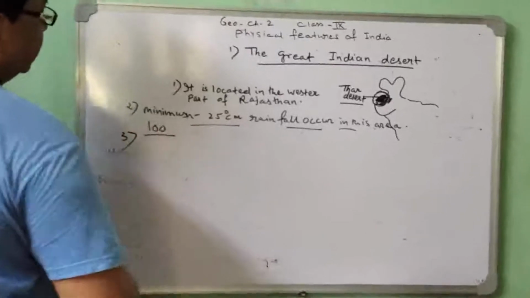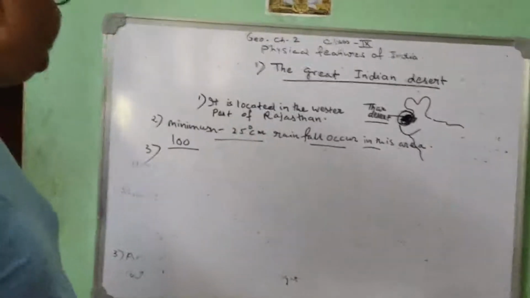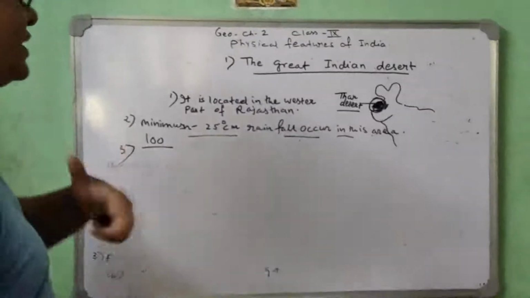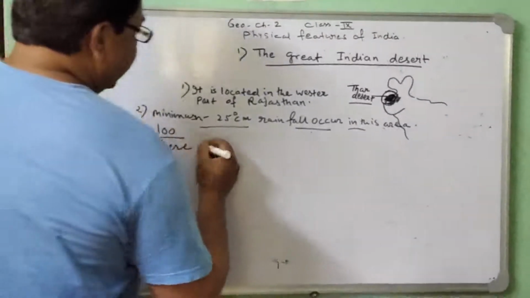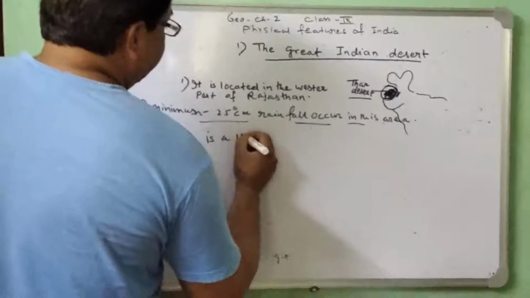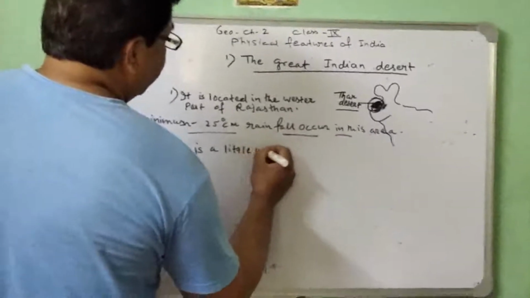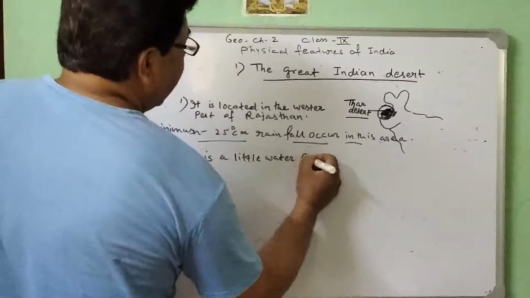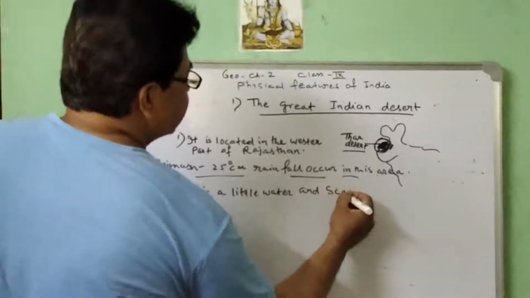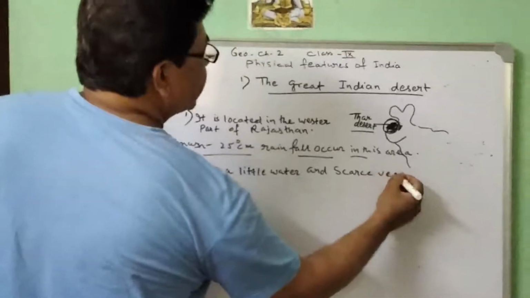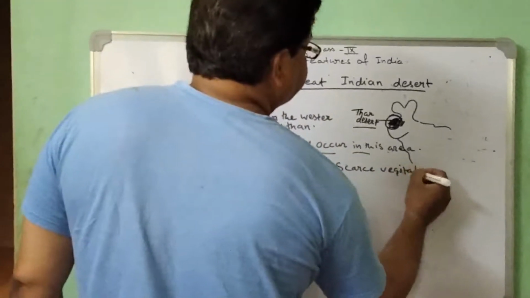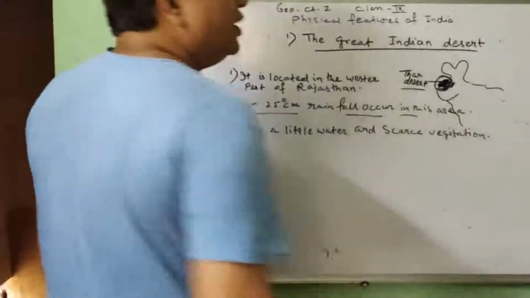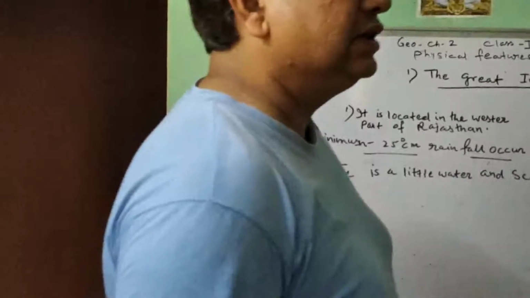Number 3, you can give the point like that. There is little water and scarce vegetation. What type of vegetation can we grow in that region?